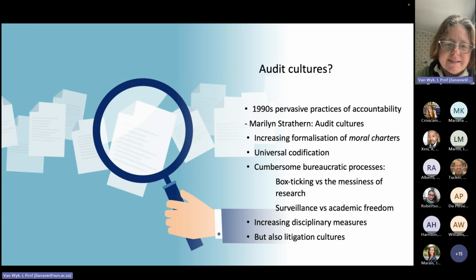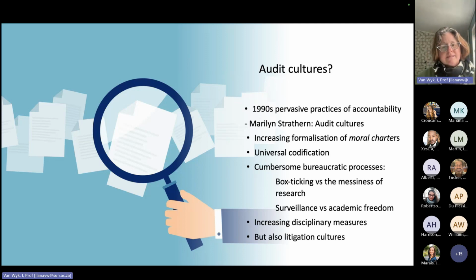Looking at ethics, and what she and a number of other social scientists said in the 1990s was that we started seeing a pervasive practice of accountability. So suddenly, something that wasn't the case before, we saw an enormous amount of attention being paid in universities to practices of accountability.